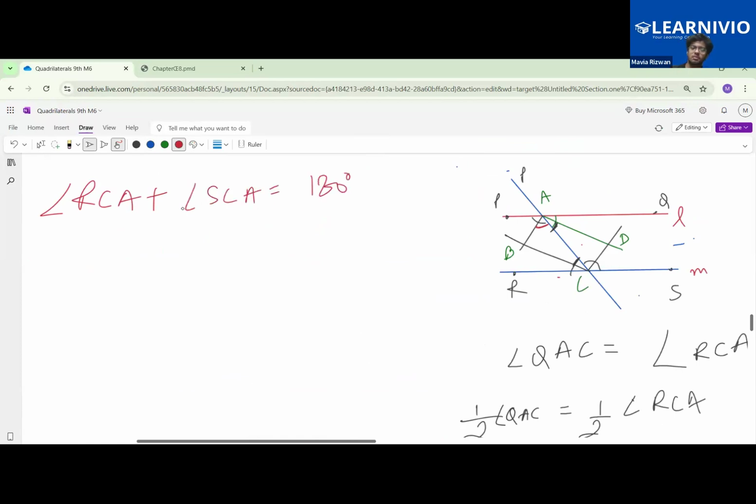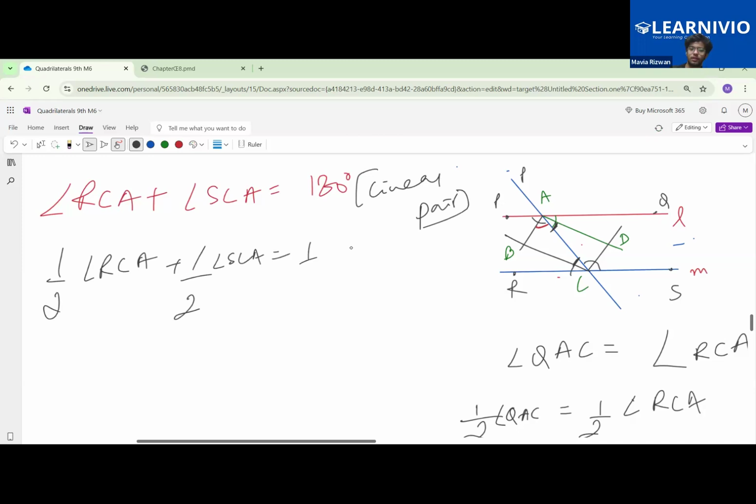Now, multiply the whole equation by half. So half of angle RCA, the reason is linear pair, plus half of angle SCA equal to half of 180. Half of angle RCA would be angle BCA, and half of angle SCA would be angle DCA.